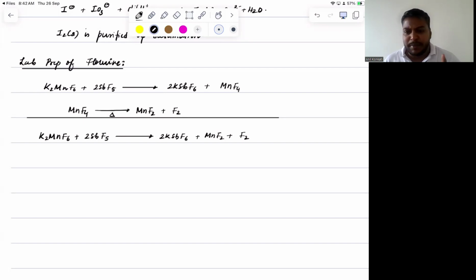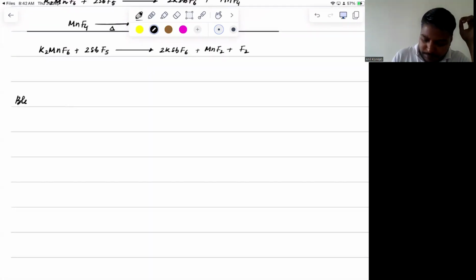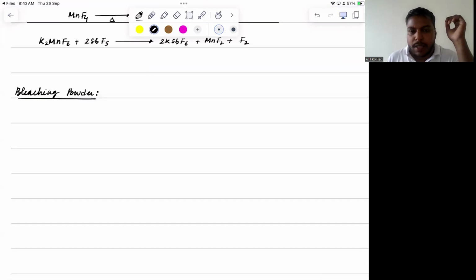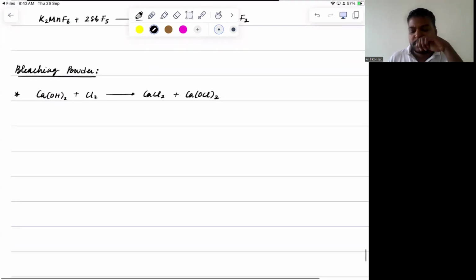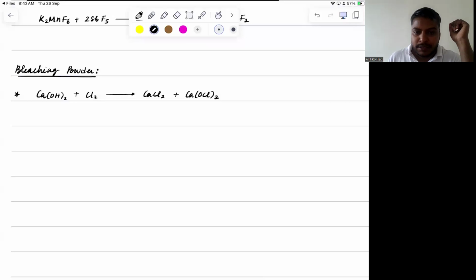Now, one thing remaining is how bleaching powder acts. Let us see. We take calcium hydroxide and treat that with Cl2. That will form CaCl2 plus Ca(OCl)2.